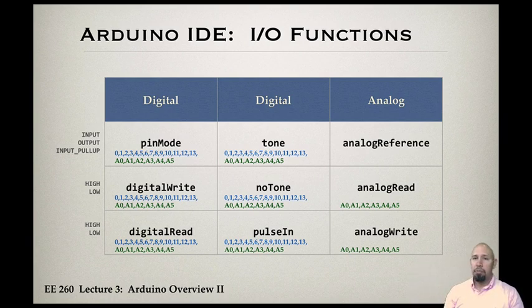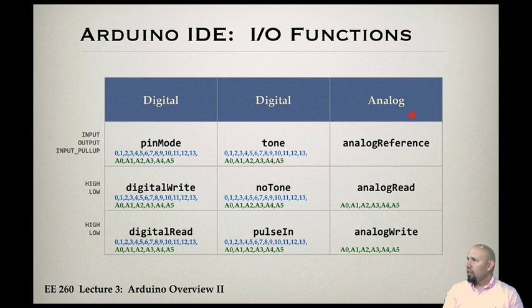That would be an example of the use of pulse in. If you had a pair of photo detectors both at the starting and at the finishing for each car, you could keep track of the race times for each of the vehicles.